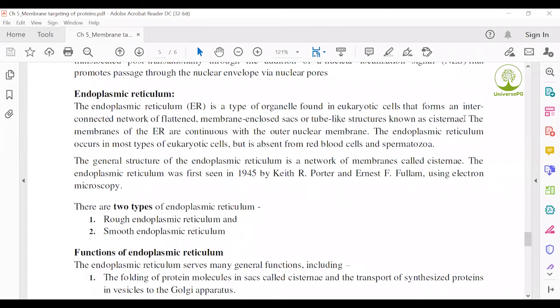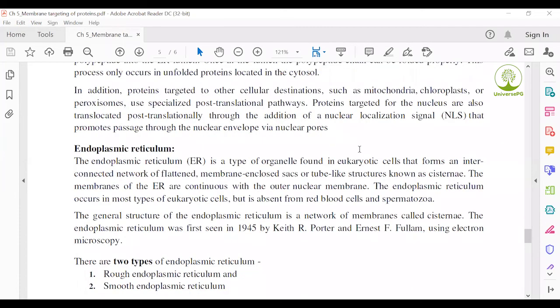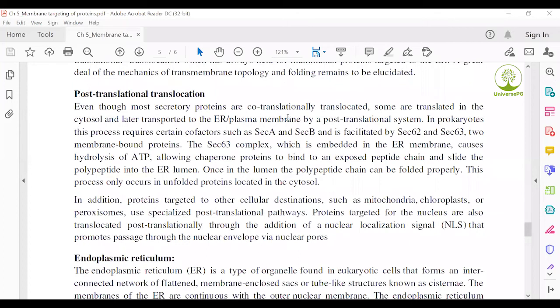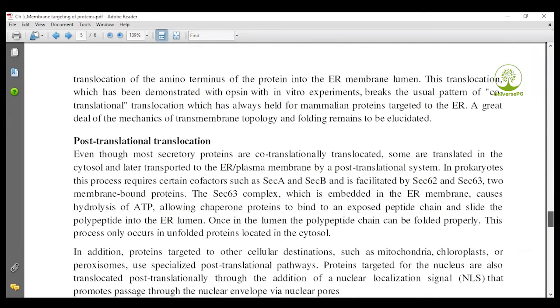Sec63 and Sec62 are membrane-bound proteins that are involved in the post-translational translocation pathways. SecA and SecB and Sec62 and Sec63, those are the membrane-bound proteins that are regulated and involved in post-translational translocation.